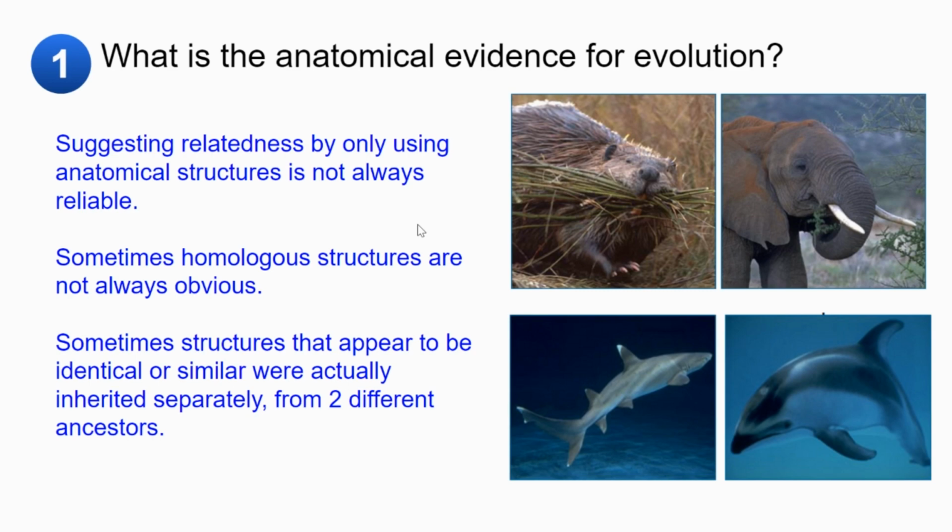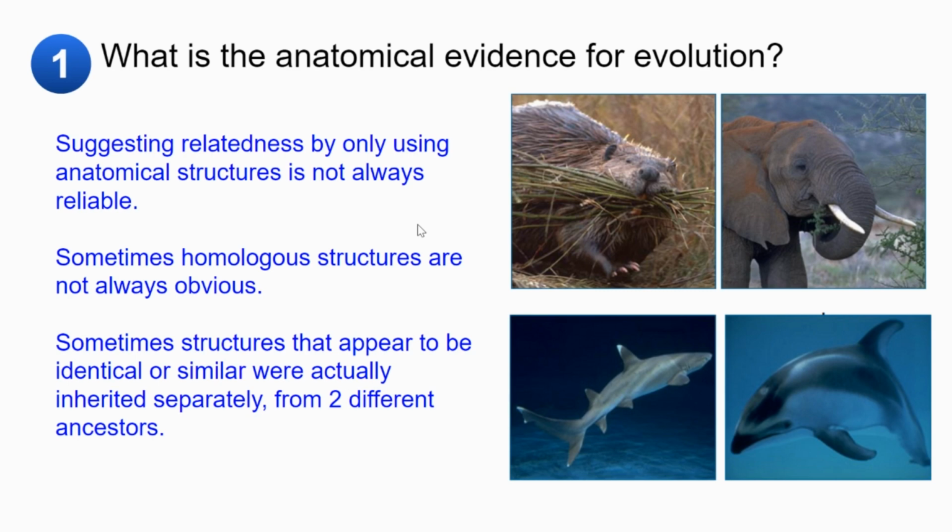Additionally, some physical structures can trick you into thinking that they are homologous when they actually aren't. Take these streamlined bodies of the shark and the dolphin. Both are adapted to living in an aquatic environment to swiftly cut through the water at high speeds. They have fins on their back and smooth bodies. They have holes that allow them to breathe as well. You'd think that these 2 organisms, these 2 species, are closely related and inherited these features from the same recent ancestor, but that would be false.